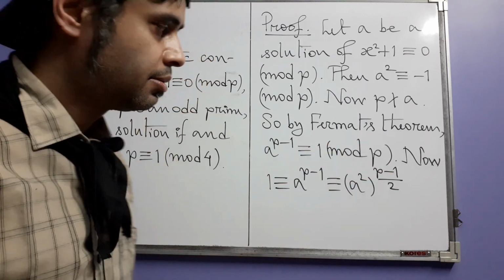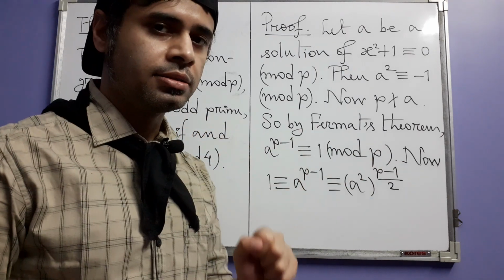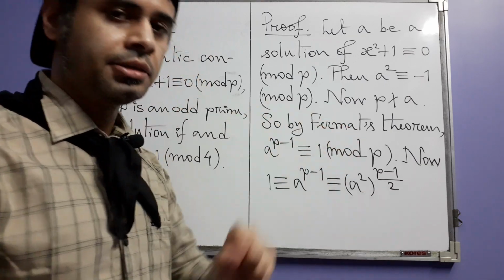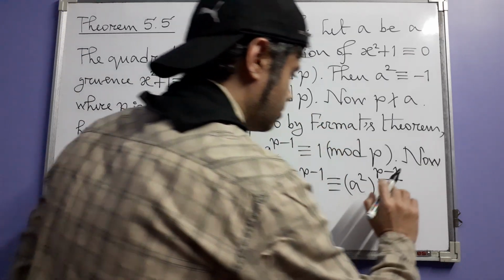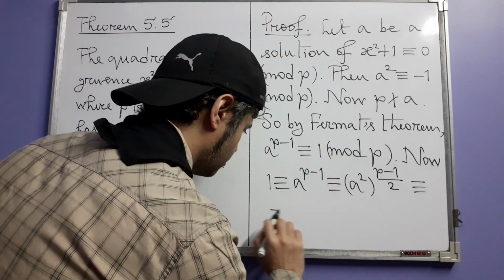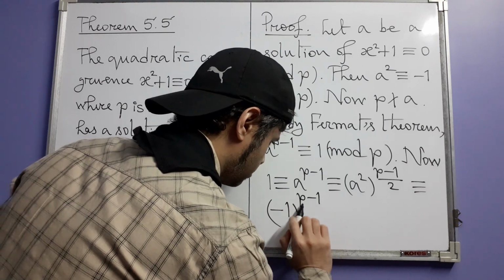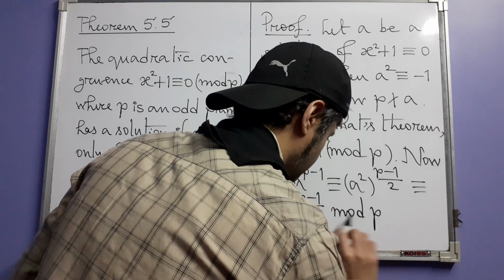Luckily it is, because p is an odd prime, so p minus 1 is even, and that is why when you divide that by 2 you ultimately get an integer. And that is why you can now write in place of this a square minus 1, modulo p.